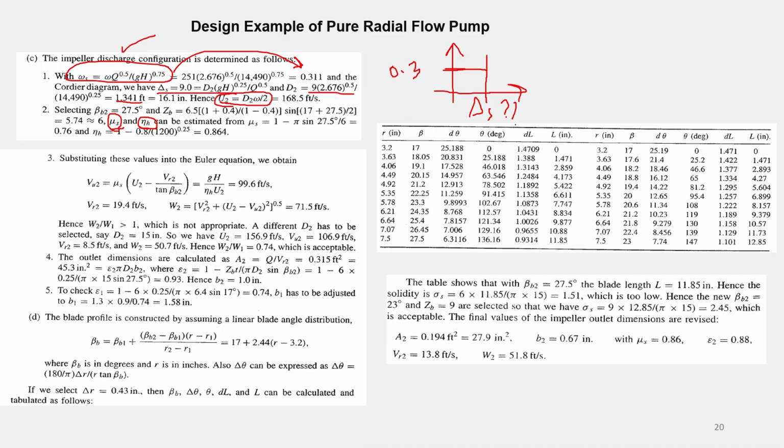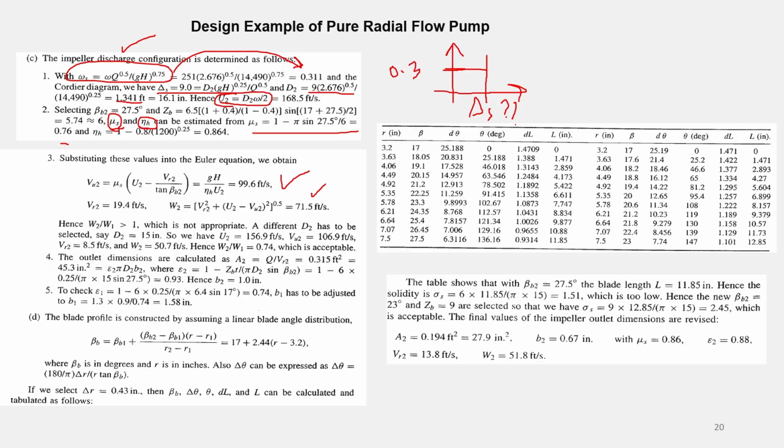So the slip factor is this much. It's a function of the blade number and beta blade. Okay, so the hydraulic efficiency is only a function of the volumetric flow rate. You calculate that, and from there you find the tangential flow velocity at the exit, and you find the radial flow velocity at the exit.